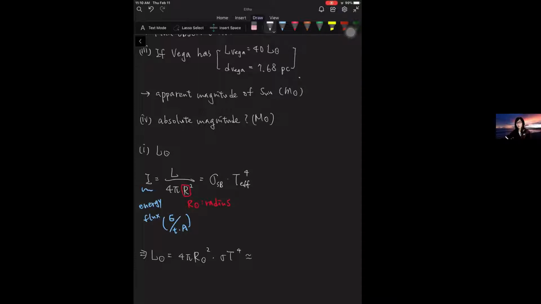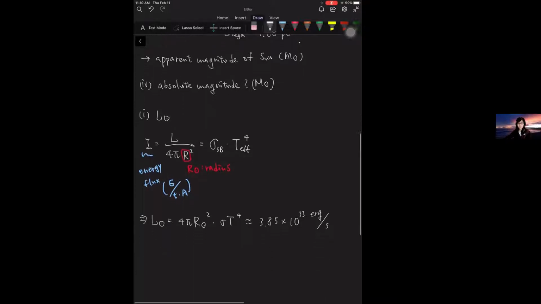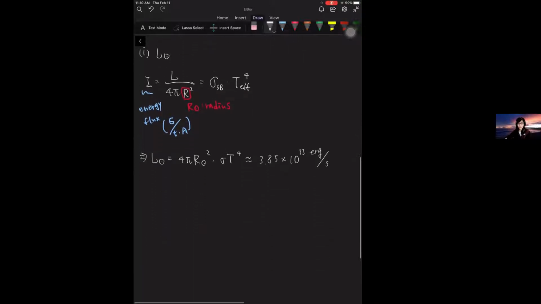And if you plug in the numbers, you will get something like 3.8 times 10 to the 33 erg per second. Okay. All right, and then next, we can calculate the flux observed from Earth.